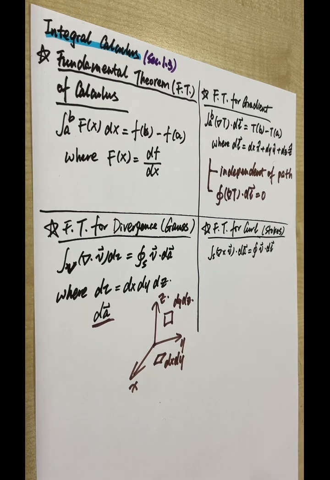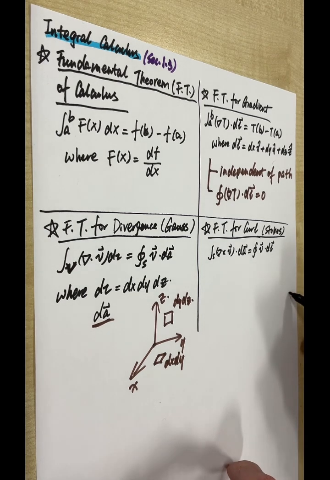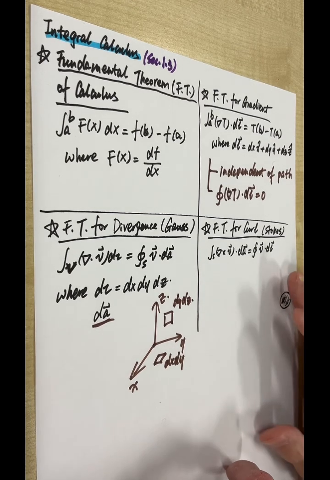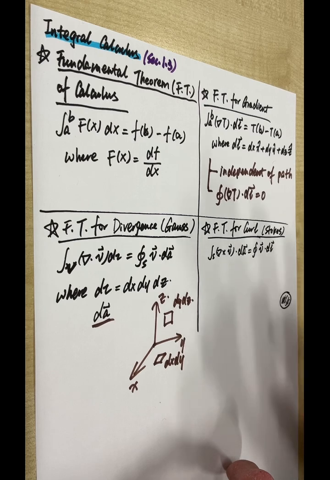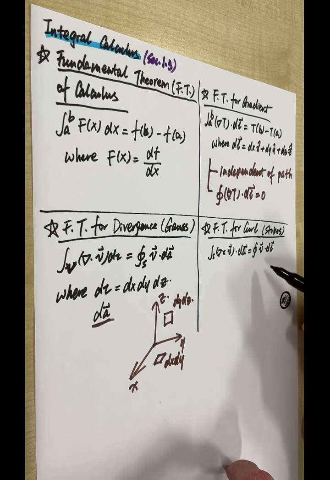So if I have a closed path, the surface could be flat, it could be a sphere, whatever the shape. The path here would be the boundary that forms a closed path. And this is a closed path integral, closed line integral.